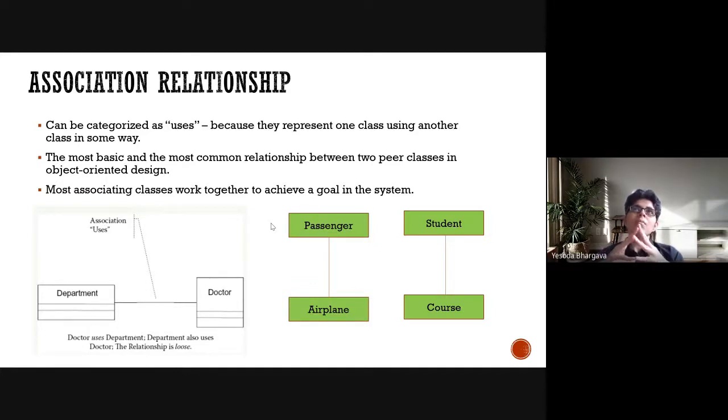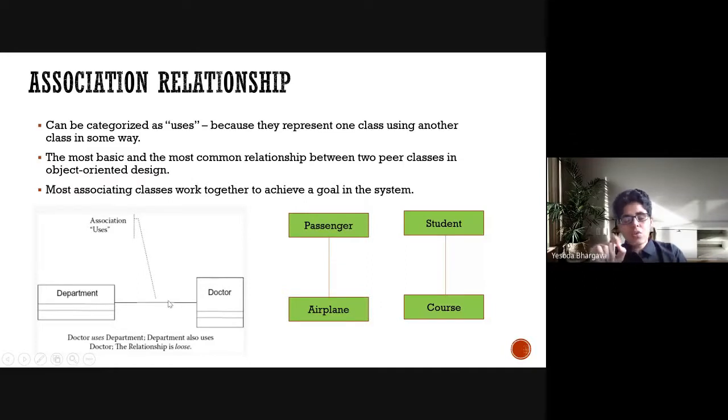Association is the most generic type of relationship between two classes. When you are confused about whether to put aggregation or composition, you can simply put an association relationship between the two classes. For example, a department is associated with a doctor, and a doctor is associated with a department.